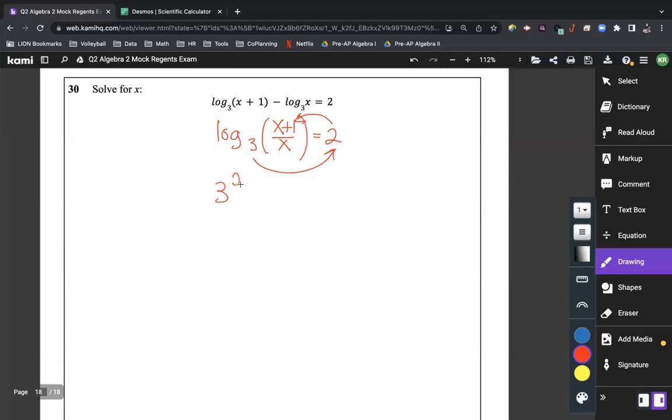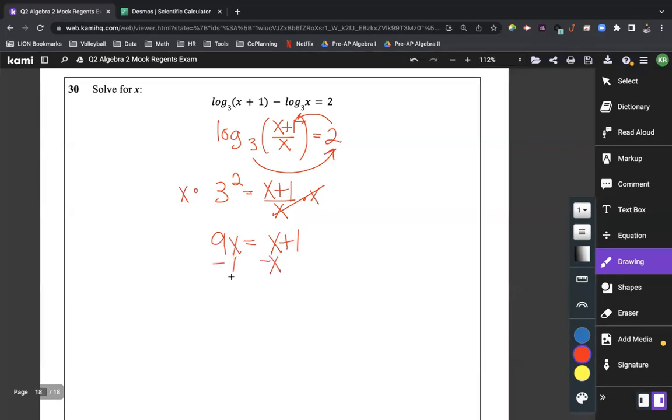So I get 3 squared equals x plus 1 over x. I need to get x alone. This is dividing by an x, so I can just multiply by x on both sides. These cancel. Now 3 squared is equal to 9, so 9 times x is 9x equals x plus 1.